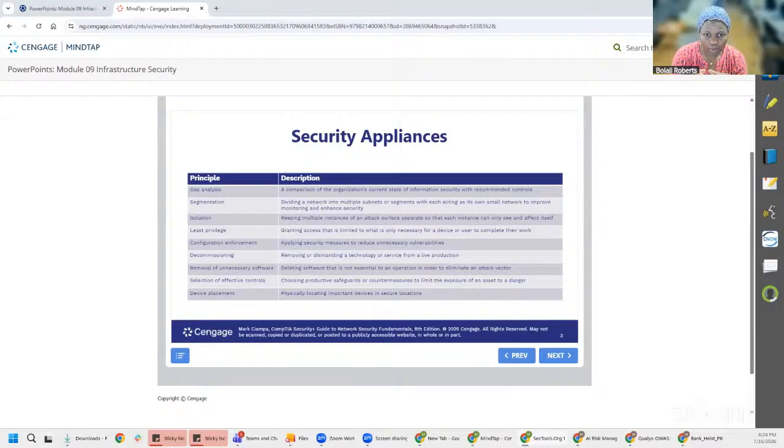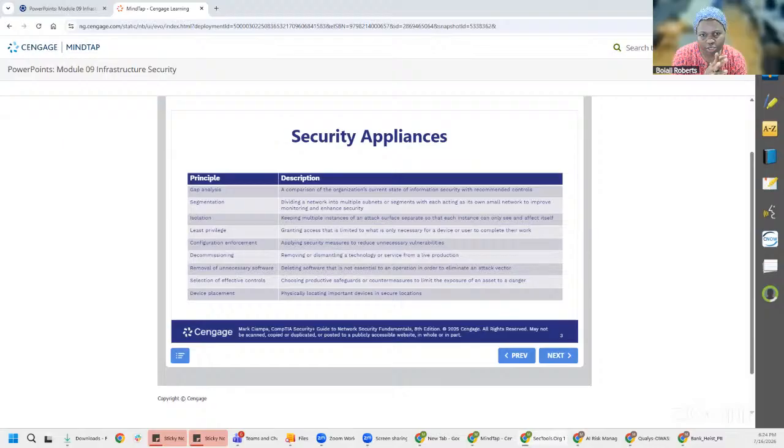So keeping multiple instances of an attack surface, or keeping a sandbox where you run things before letting them into the main environment, is really being able to isolate.